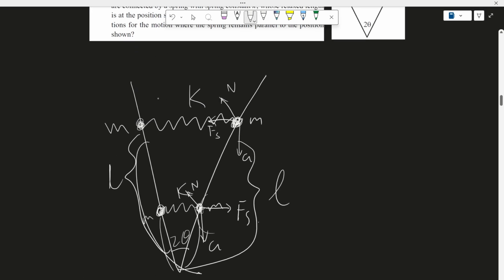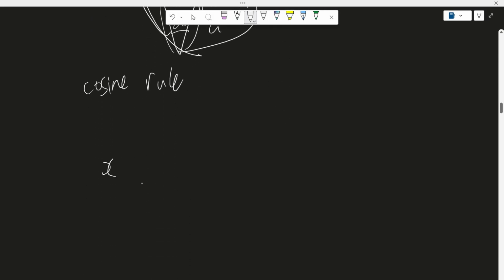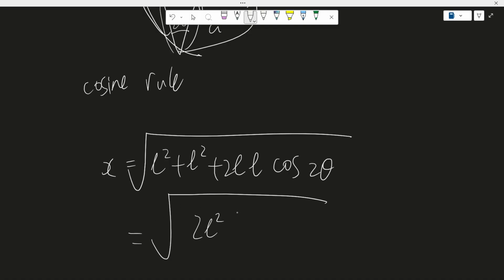If we call the length of the spring x, then x equals the square root of L squared plus L squared plus 2L times L cosine 2 theta, which equals 2L squared. Oh, sorry, it's minus here. So L squared plus L squared minus 2L times L cosine 2 theta. So it's 2L squared minus 2L squared cosine 2 theta.